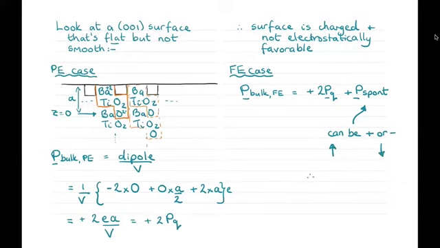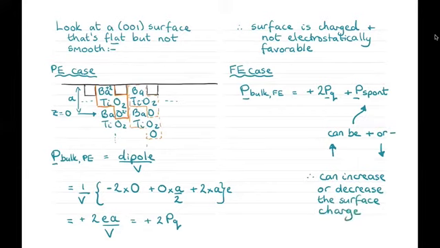And so it can either increase or decrease the surface charge. Now, this particular example is not the most relevant because the surface is unlikely to be stable in barium titanate, but this concept is going to become important in what we'll discuss next.